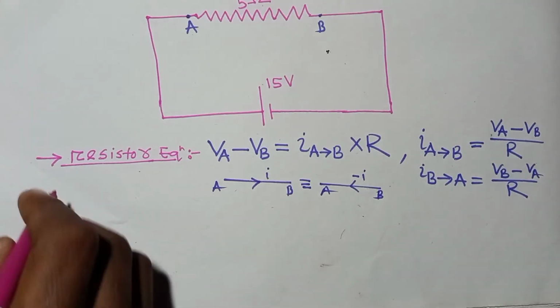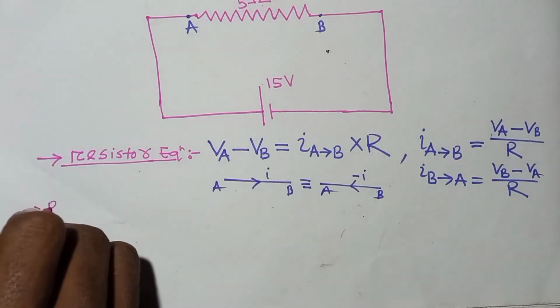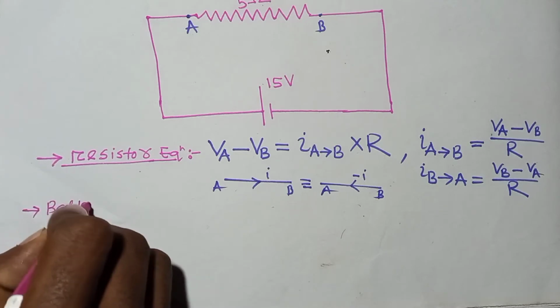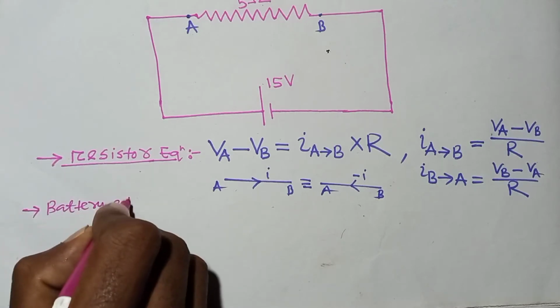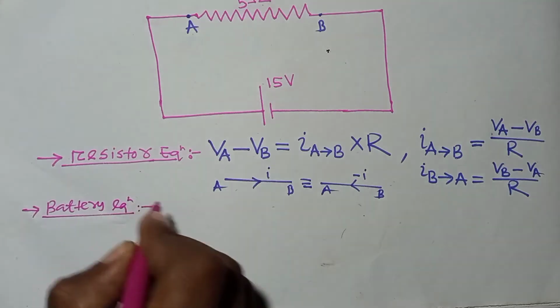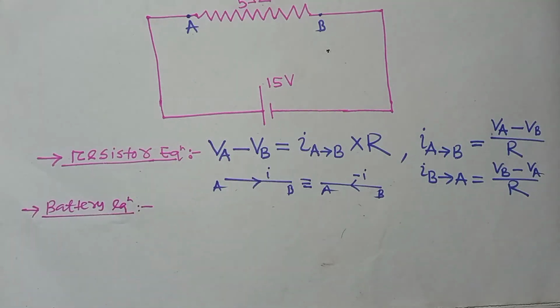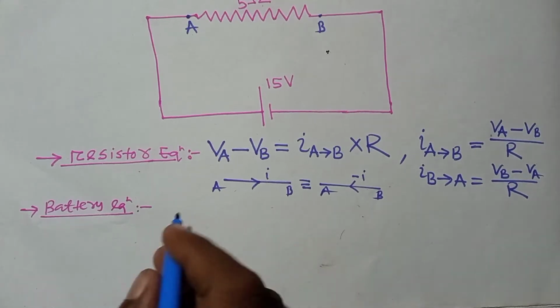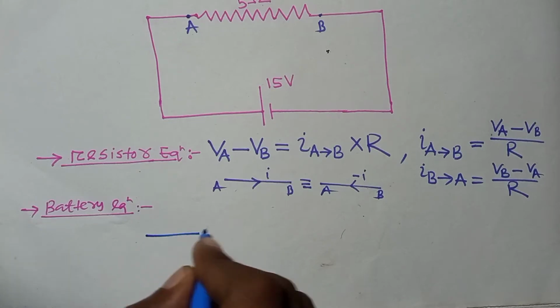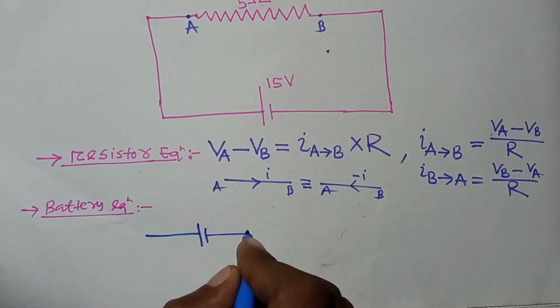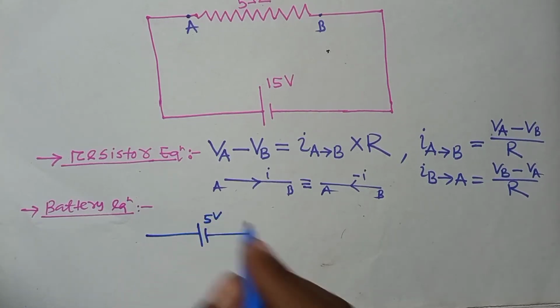The next important thing is the battery equation. A battery always maintains a fixed potential difference across its terminals. Battery is such a device which maintains a fixed potential difference across its terminals. Let's say I have a battery like this and the EMF is 5 volt.